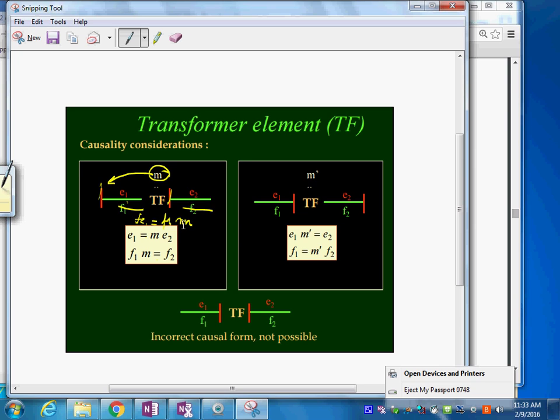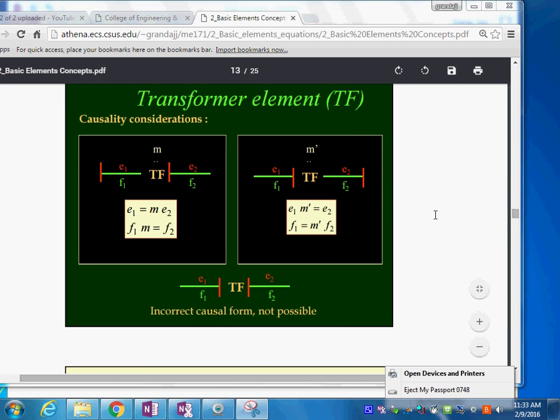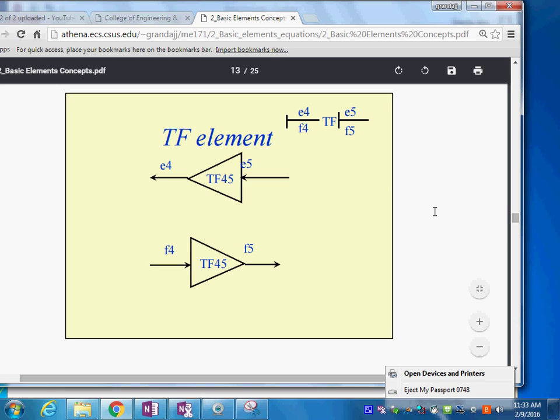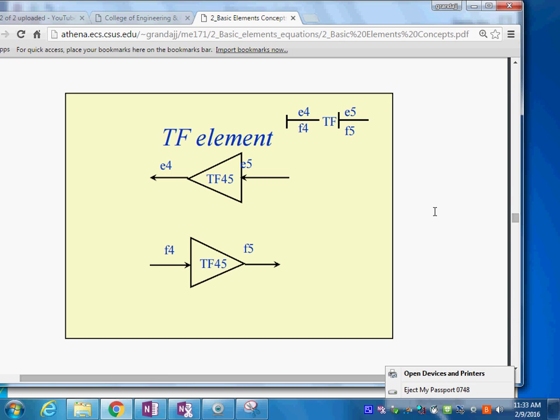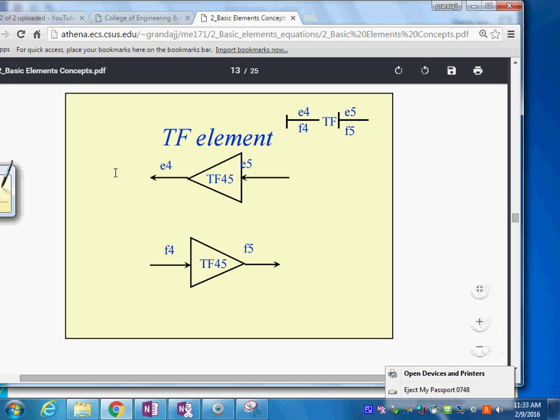So let's take a look here. We can write in here. You see, what happens here is that you have this F4 times this transformer, it gives F5, E5.